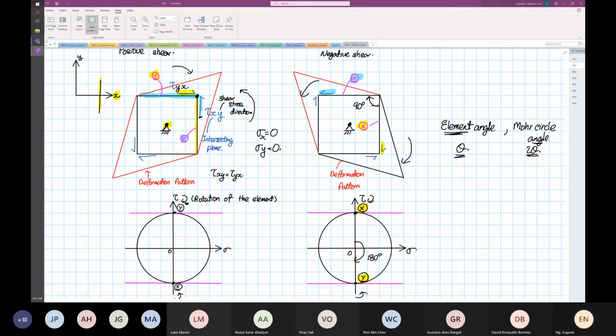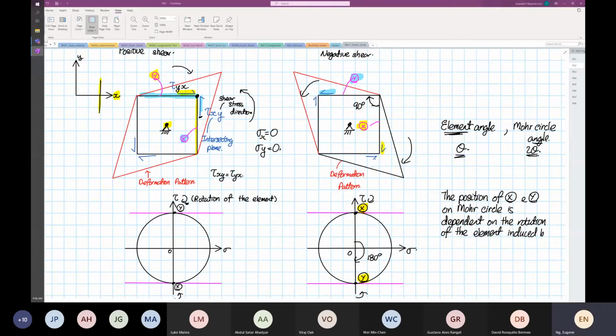Positive shear, the position of point X and Y on Mohr circle is dependent on the rotation of the element induced by the shearing stress.